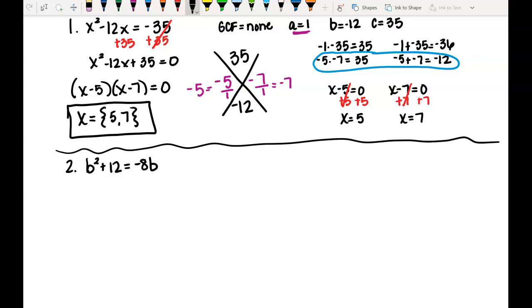So in this case, I'm going to add 8b to both sides, so that I have b squared plus 8b plus 12 equals 0.